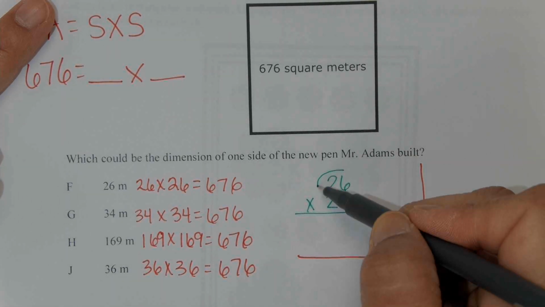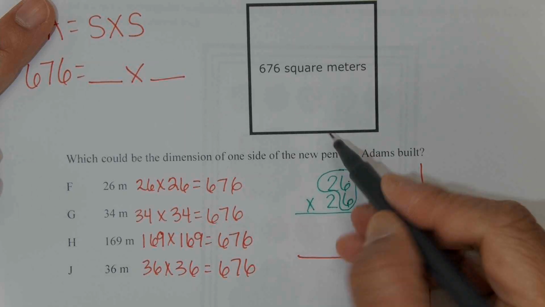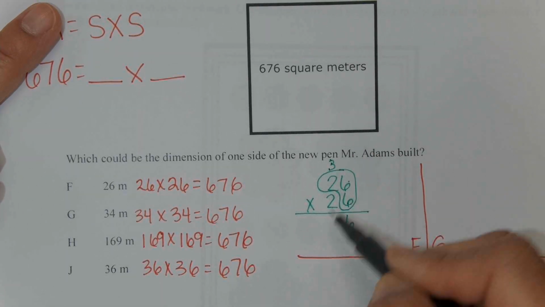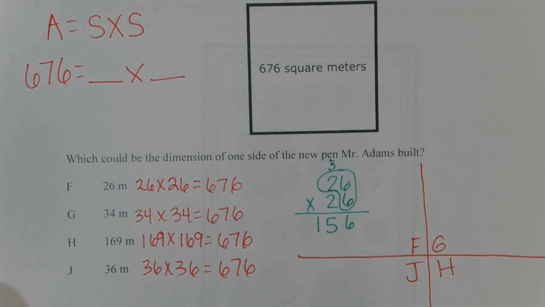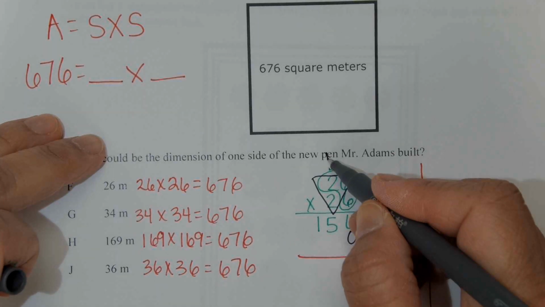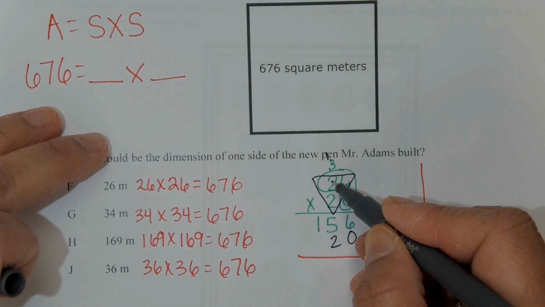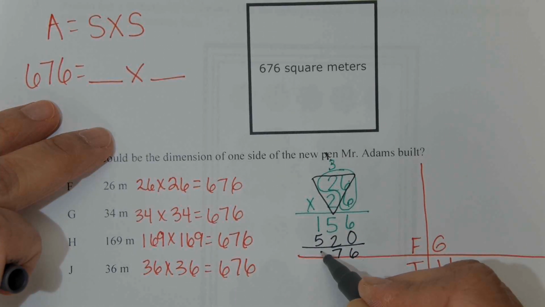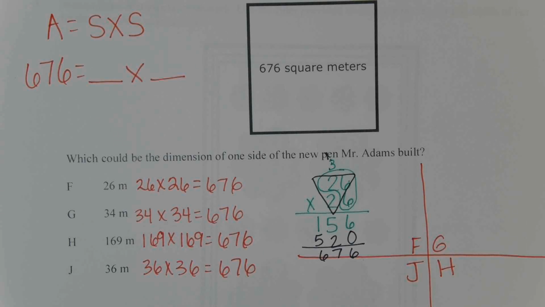So we're going to do boot and pizza. 6 times 6 is 36. 6 times 2 is 12, 13, 14, 15. Now let's do pizza. Drop your 0. 2 times 6 is 12. 2 times 2 is 4, plus 1 more is 5. Oh, that one is 676.